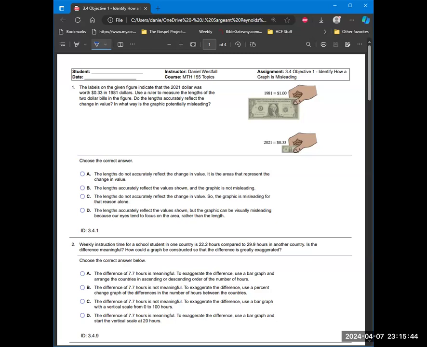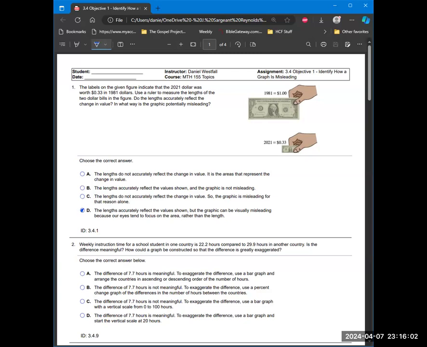So the lengths accurately reflect the value shown, but the graphic can be visually misleading because our eyes tend to focus on the area rather than the length.